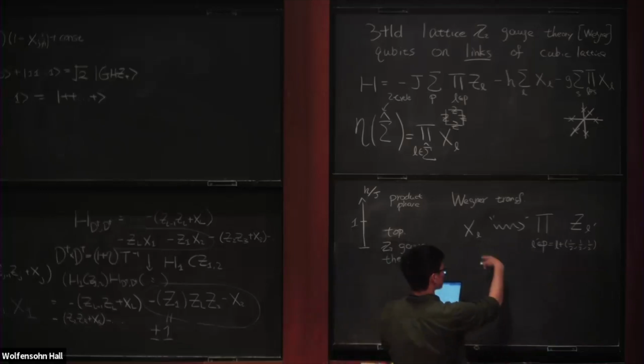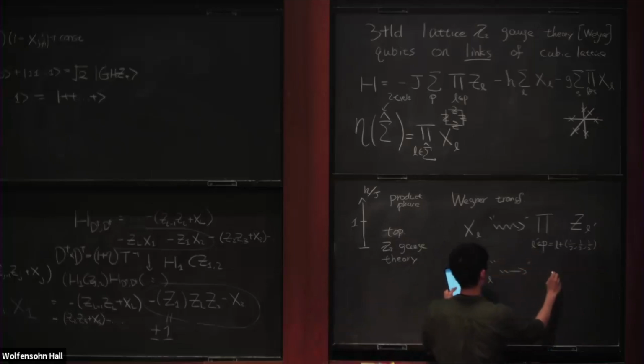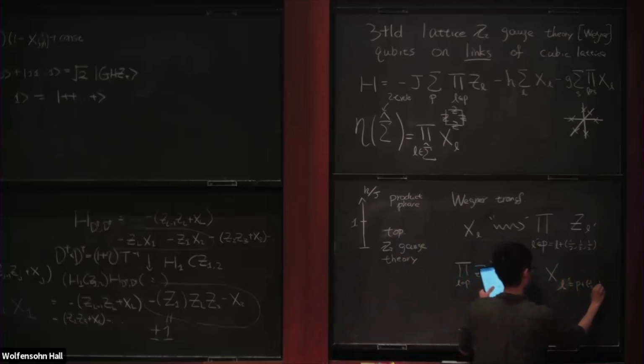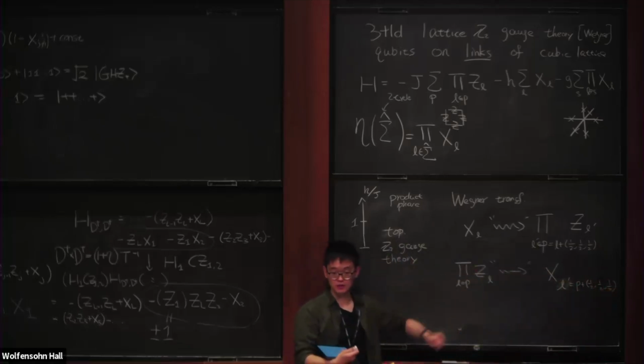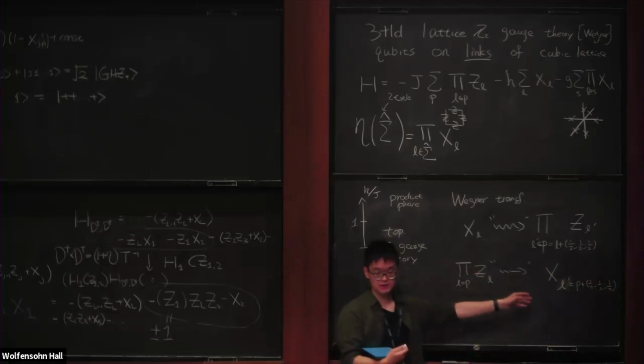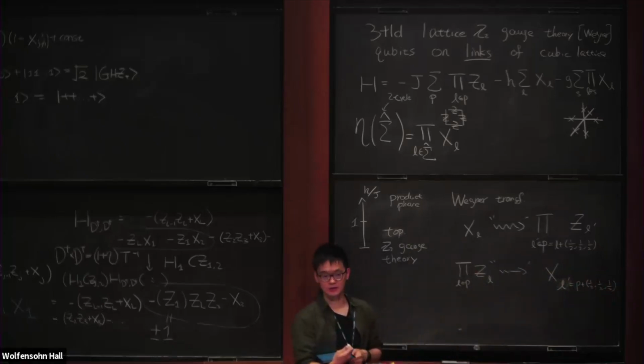And similarly, you map the product of z to a single x with a half lattice translation.